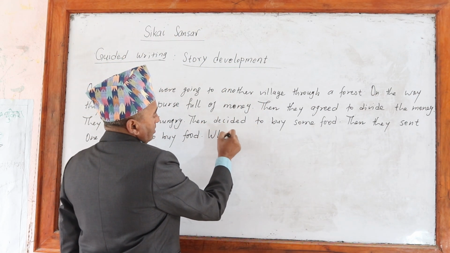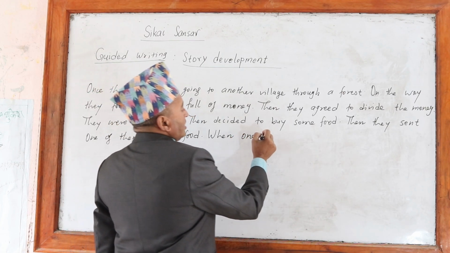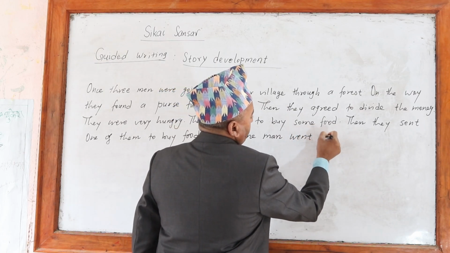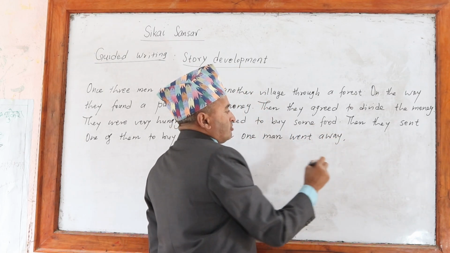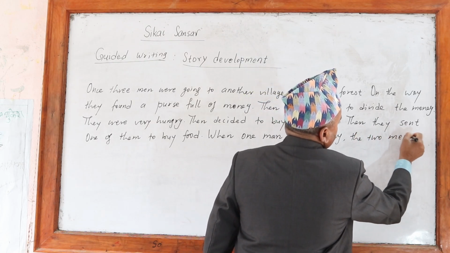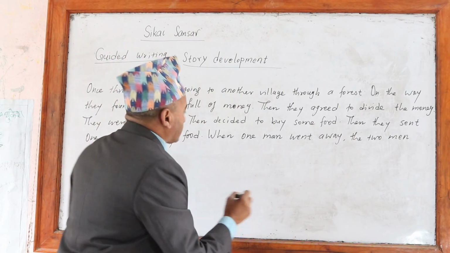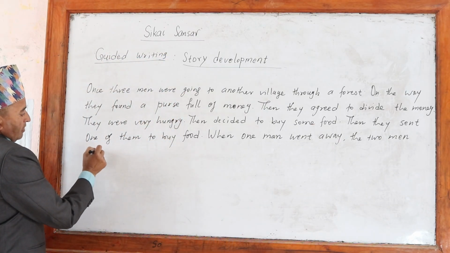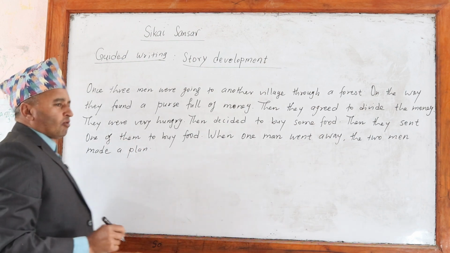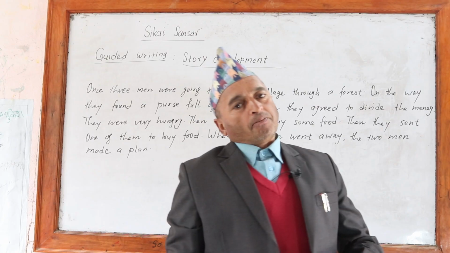When one man went away, the two men made a plan. What did they plan? Oh, when he comes from there, we have to murder him.